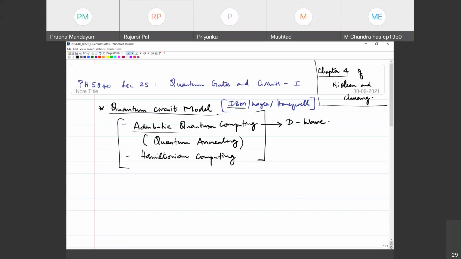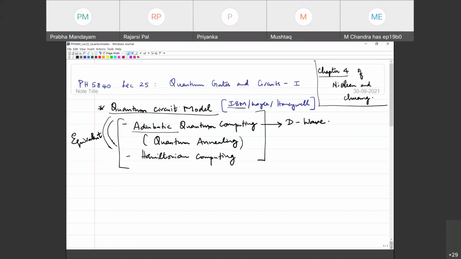Finally, I want to mention that from a theoretical standpoint, all these models are equivalent. Okay, by which one means that any problem which you can frame in the circuit model can be transformed into the adiabatic computing model and vice versa, right?